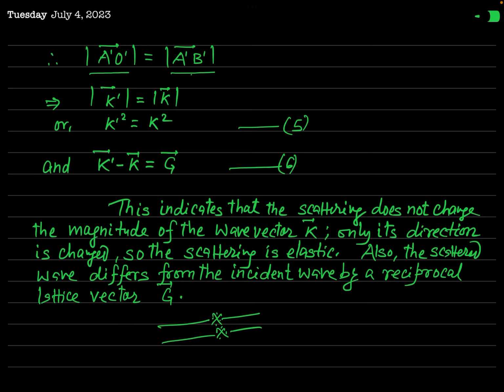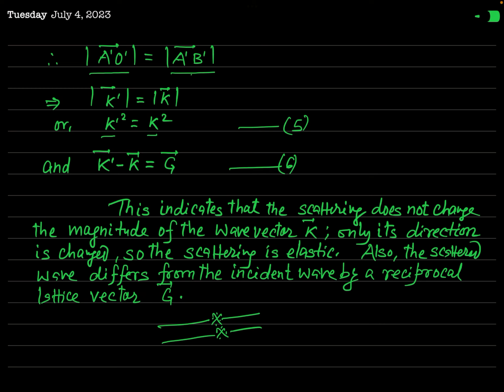So you can see that mod of K dash will be equal to K. In other words, K dashed square is equal to K square. So the magnitude of the wave vector of the incident ray and the reflected or diffracted wave is the same.